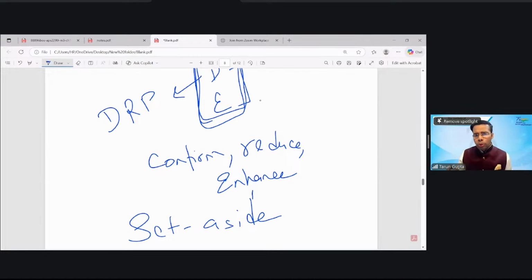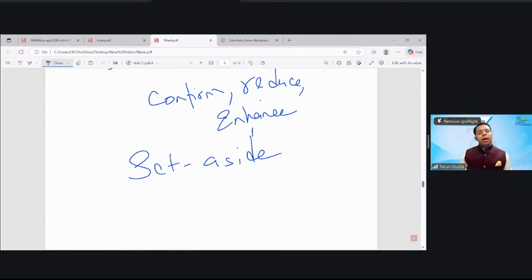So it doesn't have the power to set aside, nor can the DRP tell the assessing officer to make inquiry and then pass the assessment order. No. You can use the assessing officer to make the inquiry before yourself, but you have to pass a final direction, in conformity with which the AO shall pass the final assessment order. Let me know if there is any doubt.